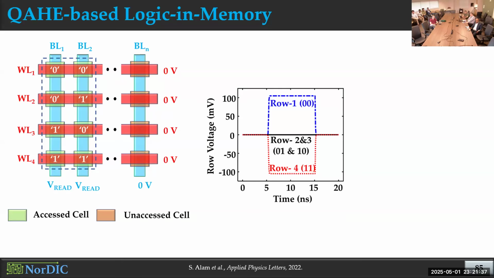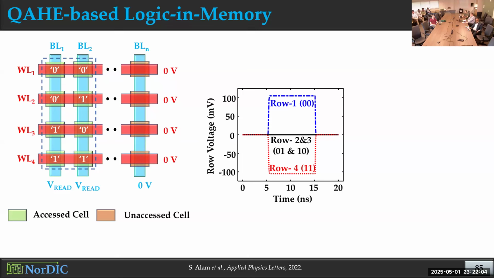As I explained, we designed this memory array so that the row voltage corresponds to the summation of the Hall voltages of all the activated cells in that row. When you simulate this, in the first row we get a positive voltage because both of these cells have positive Hall voltage. The second and third rows give us 0 voltage because one of those cells has a positive voltage and the other has a negative voltage with the same magnitude.